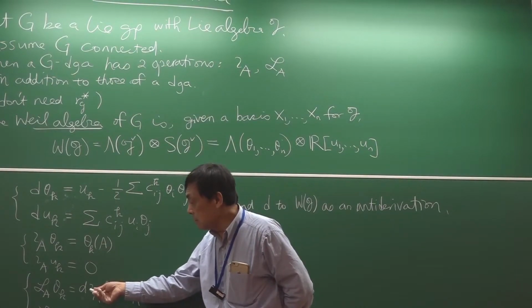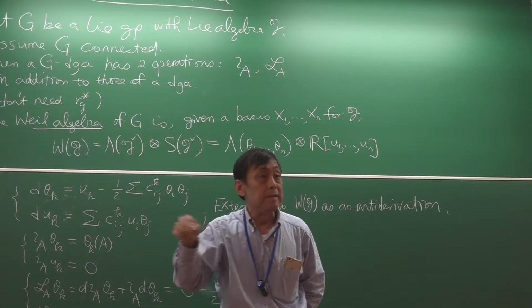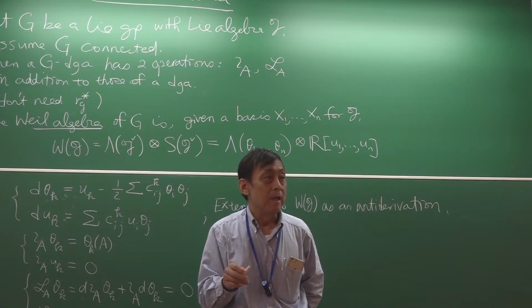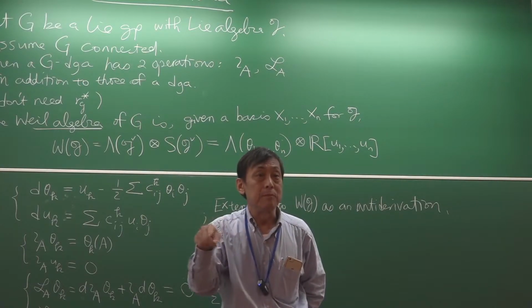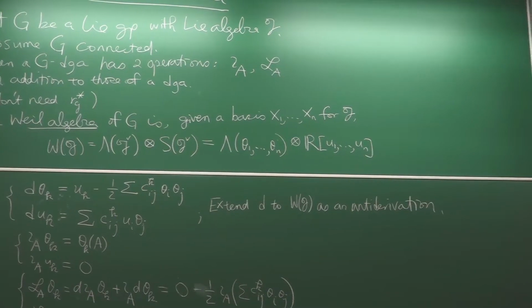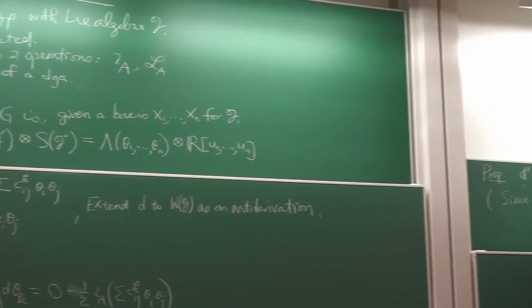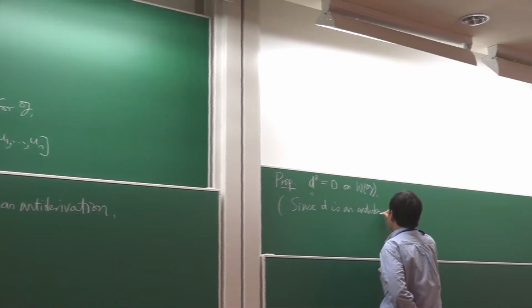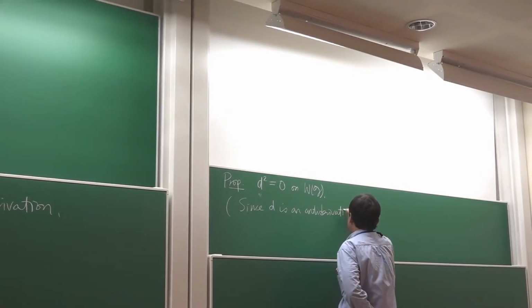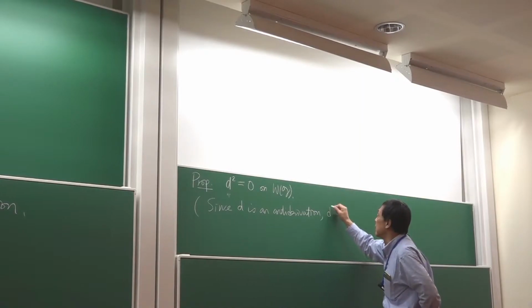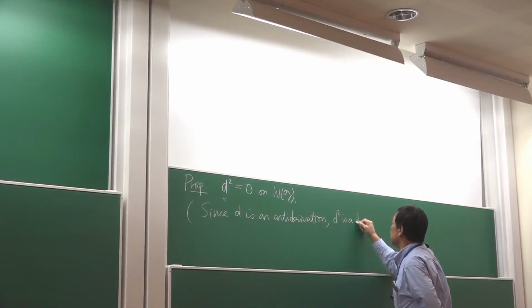So that means dd plus dd is a derivation, okay? And so 1/2 of dd plus dd is a derivation, okay? So since D is an antiderivation, D squared is a derivation.